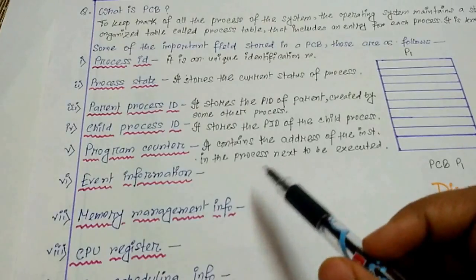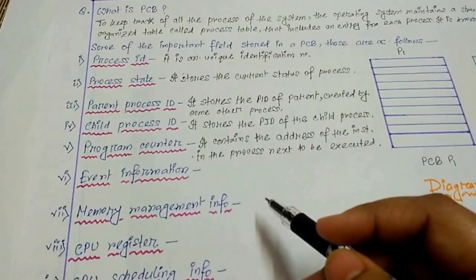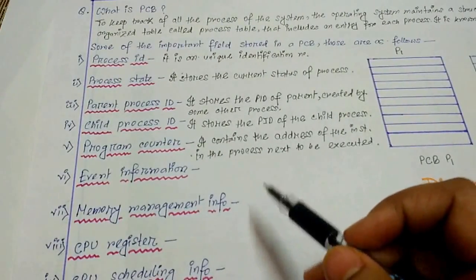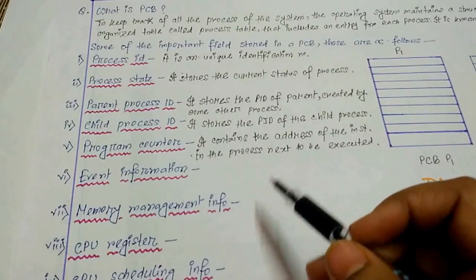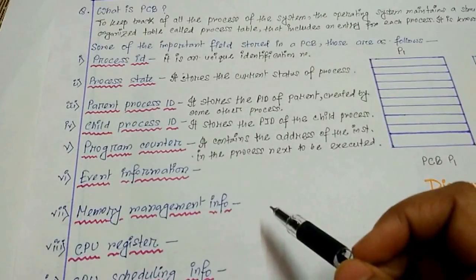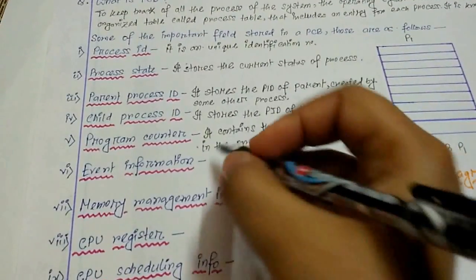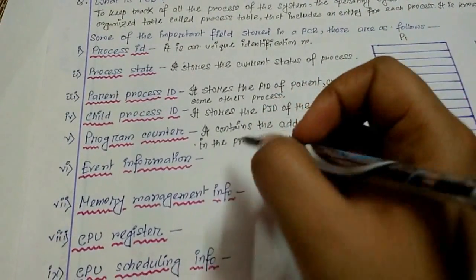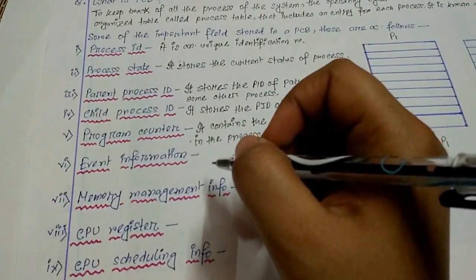Event information. If the process is in waiting state, then the field contains the information about the event for which the process is waiting to happen. Basically, it contains in which state the process is.